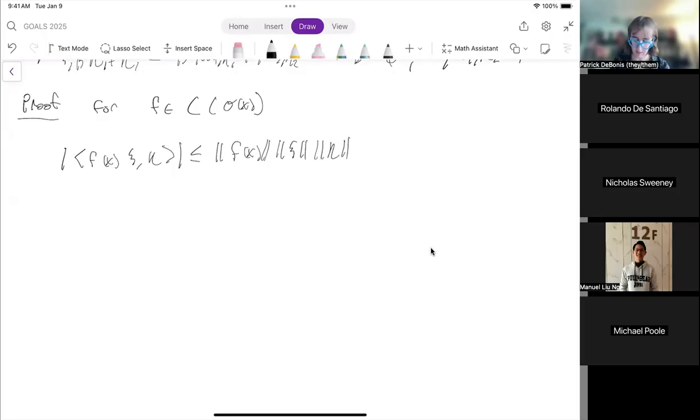Pulling out this operator f of x and using what we know, that's just the norm of the continuous function, the infinity norm. And so this shows us that the map from the continuous function to this inner product is a bounded linear functional.